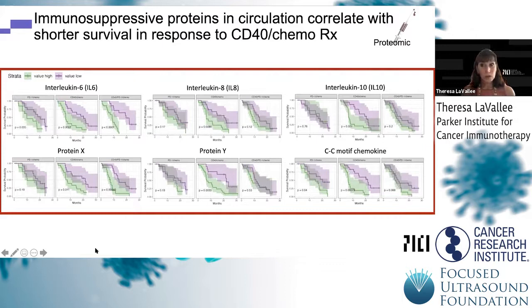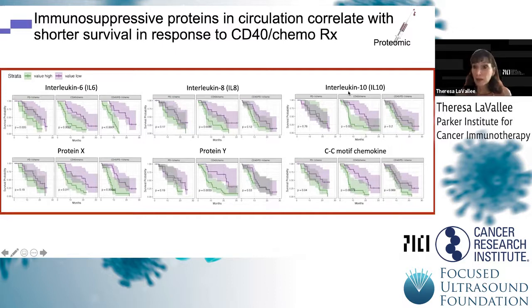In addition to immune profiling of PBMCs, we also did a number of assays looking at proteomics using the Olink platform, as well as a mass spec-based approach. And what we found is things that we would expect, that immunosuppressive cytokines, really higher levels across the board, look like worse outcomes for the patients, but maybe with more of an influence on the CD40 arm than the other arms.